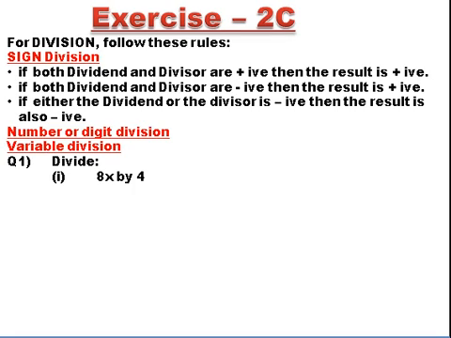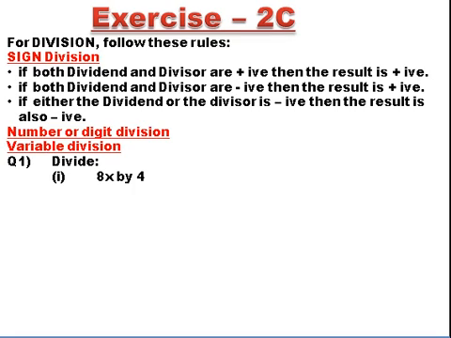In the case of division, we are going to see the sign first, like we have done in the case of multiplication. Now when we are talking about division, there is an expression which has to be divided. It will be called the dividend, and the expression by which we are going to divide will be called the divisor.